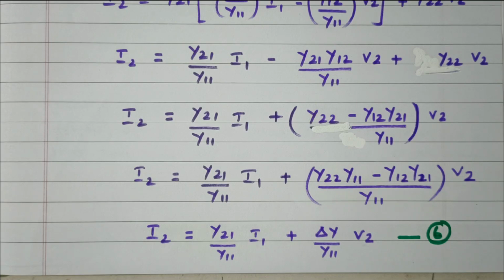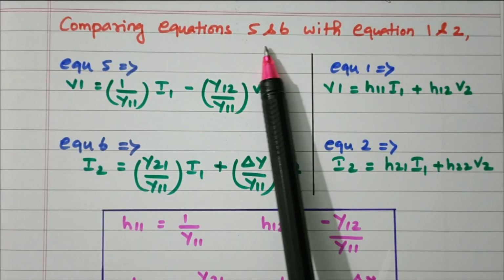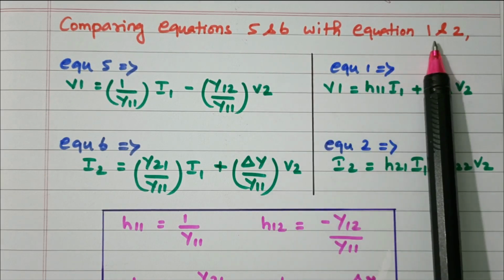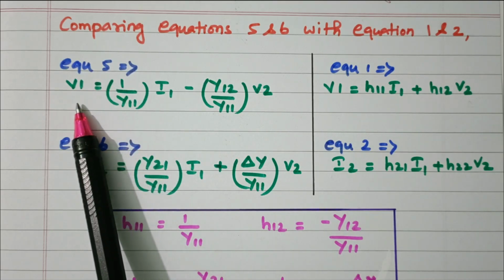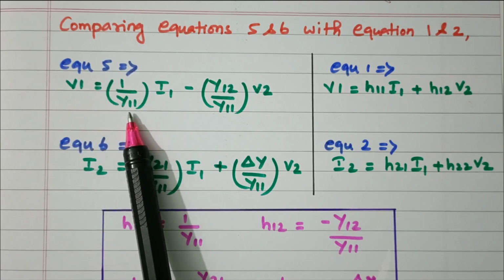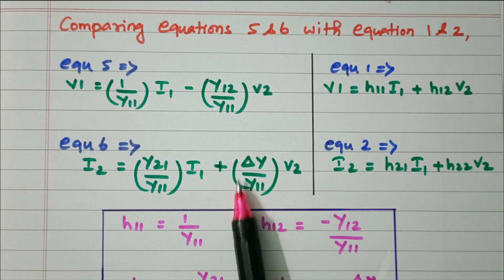Now we'll see how to get the relationship. We are going to compare equations 5 and 6, which we rewrote, with equations 1 and 2. The equation 5 that we framed is V1 equal to 1 divided by Y11 I1 minus Y12 divided by Y11 V2.